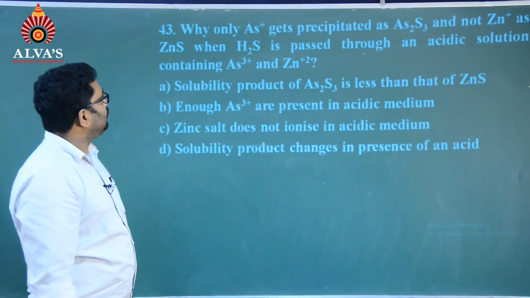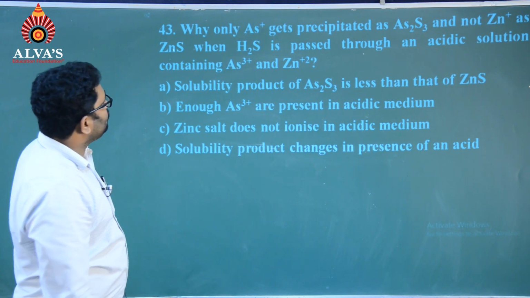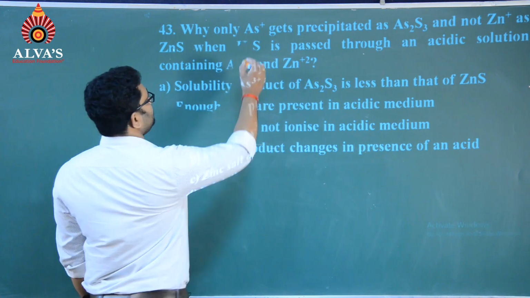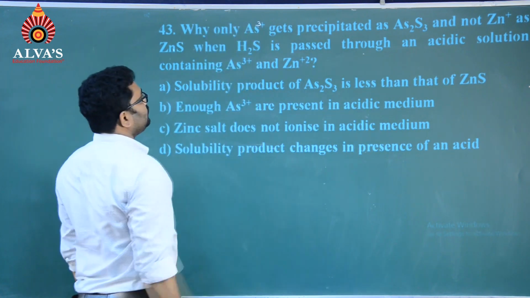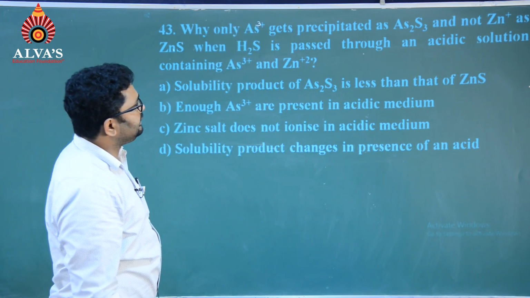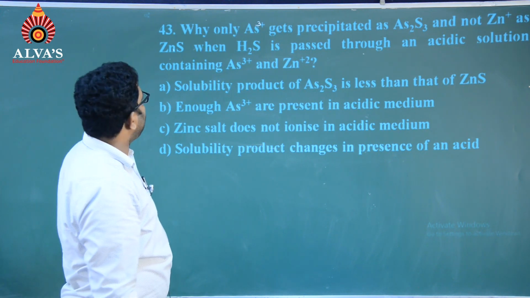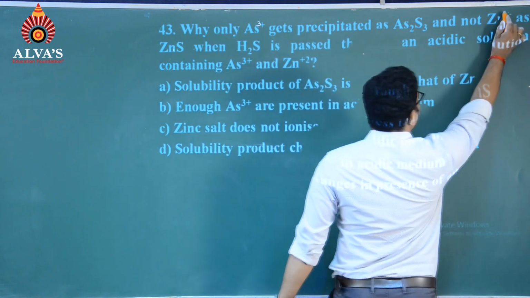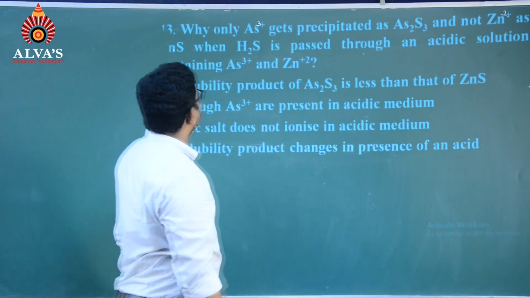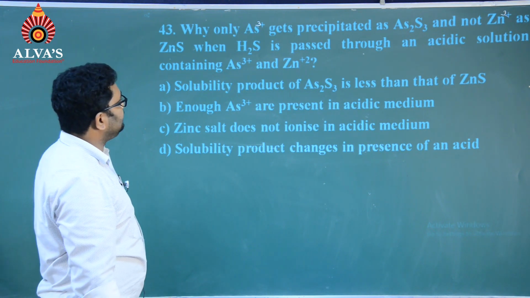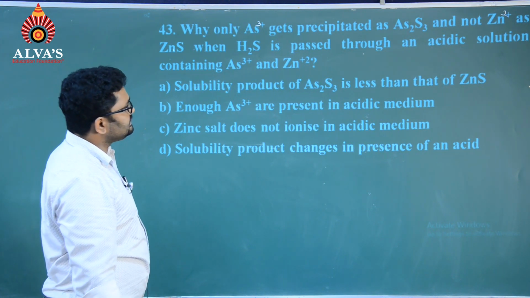Next question. Question number 43. Why only arsenic gets precipitated as As2S3 and not Zn2 plus as ZnS, when H2S is passed through an acidic solution containing As3 plus and Zn2 plus?